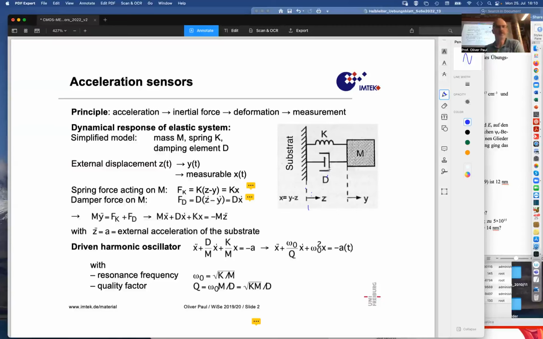And so what happens is that one wants to measure this acceleration of a substrate. This could be a car moving at constant speed, and then at some point it hits an obstacle, another car, and then there is a sudden deceleration, which is negative acceleration.